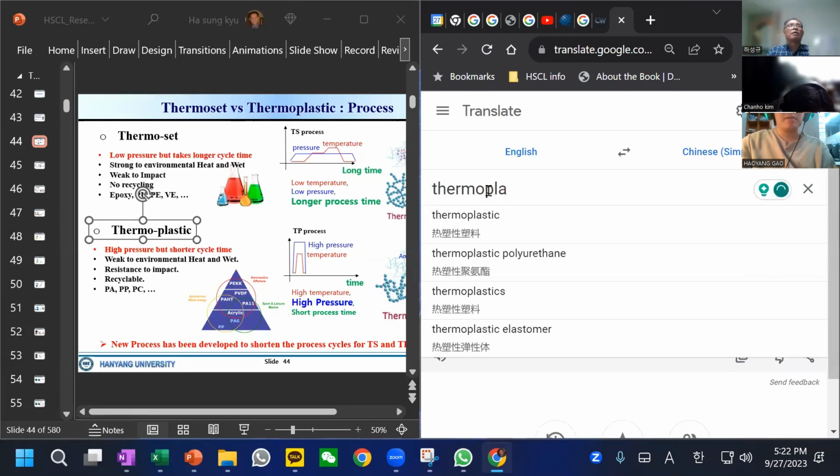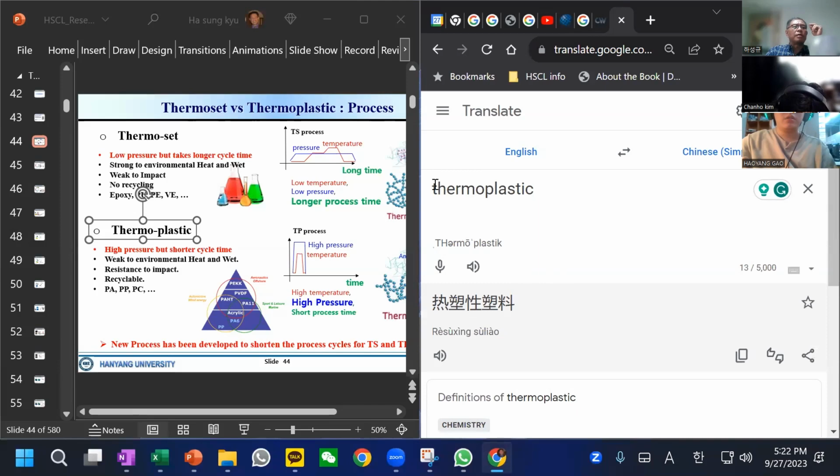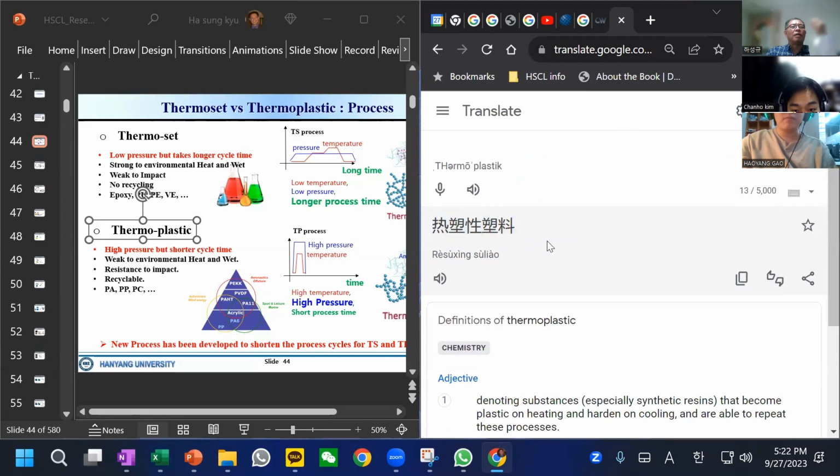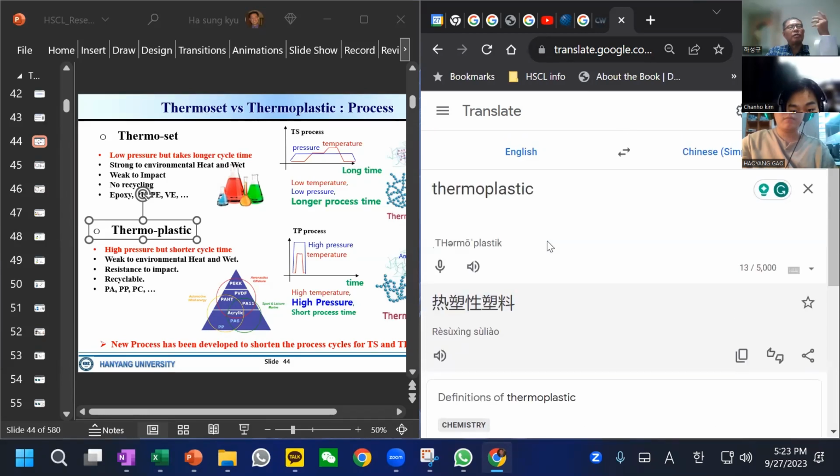And thermoplastic means when you heat up, it shows a property like melting, right?